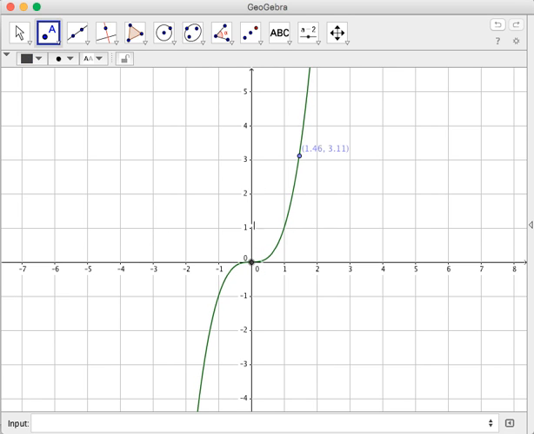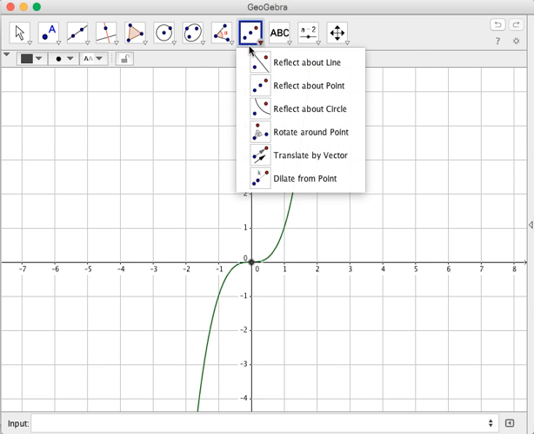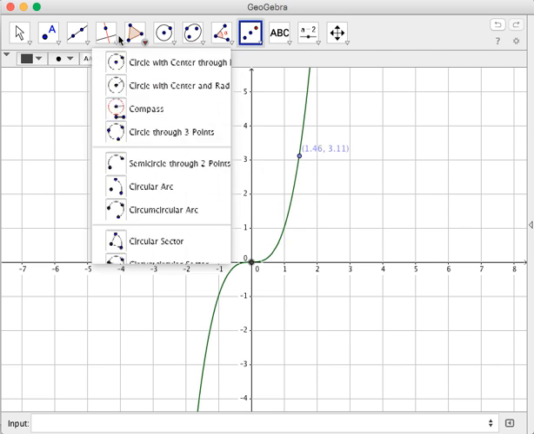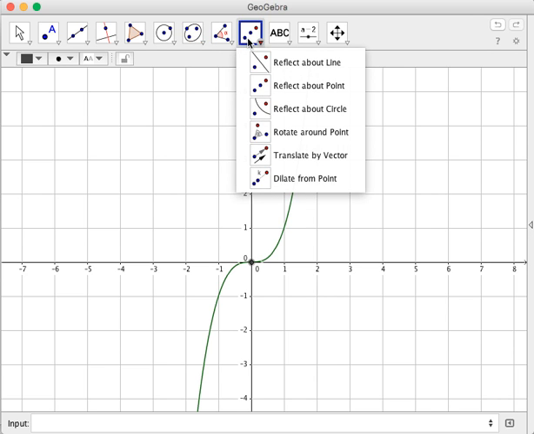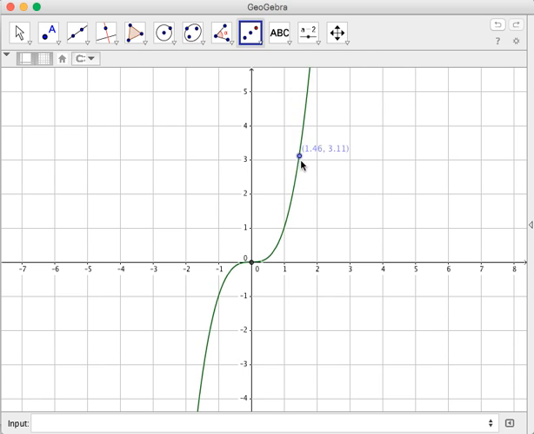So, kailangan natin ng point sa origin and then we reflect. Remember, pag reflection about the origin, dapat may point tayo dito, dito sa software na ginagamit natin. So, this is GeoGebra. This is free, so you can download this, and pwede niyong explore. So, mag-reflect na tayo about the point.